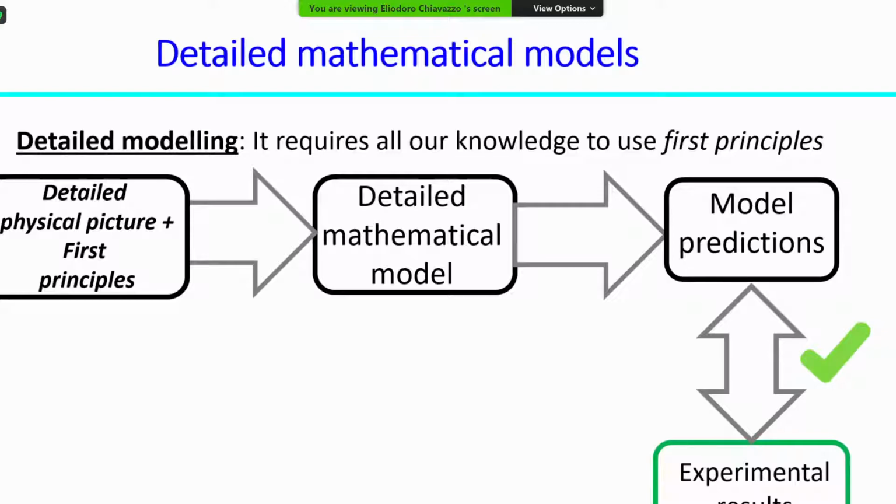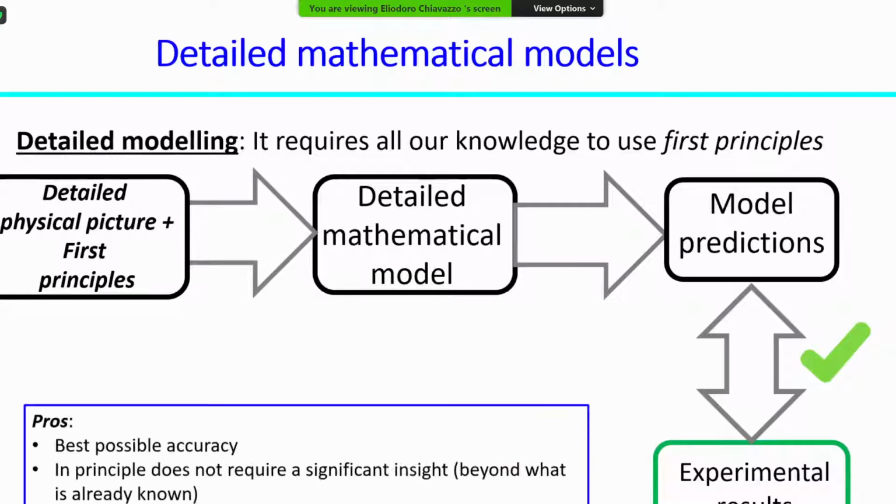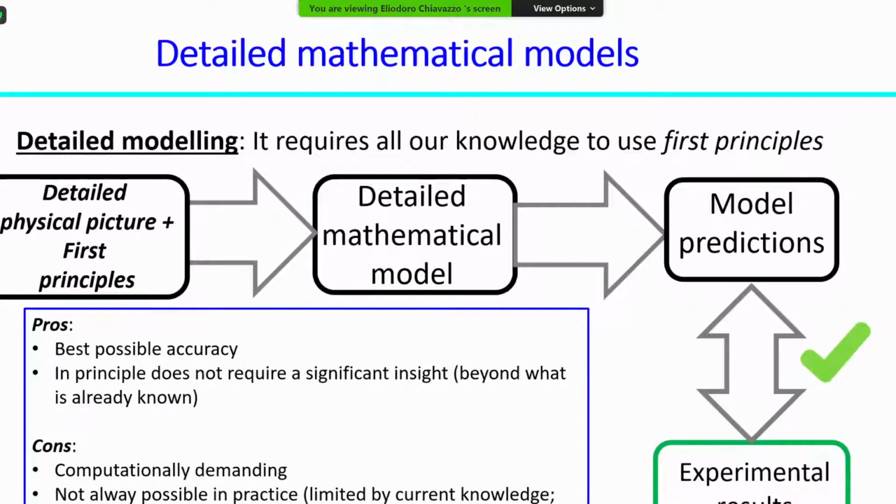This is a very clear and straightforward approach, logically speaking. But what is the advantage of that? Of course, you can get the best possible accuracy. In principle, it does not require significant insight from the modeler, in the sense that you don't have to really think beyond what is already known from physics.